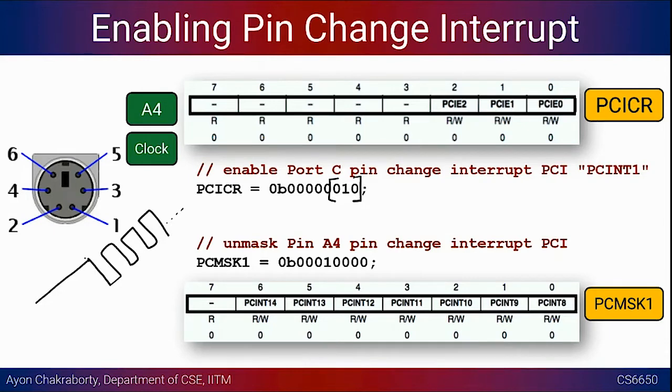We need to register this event whenever it happens. Since the clock signal is connected to pin A4, we want to unmask that particular pin so that we can register the interrupt for it. In the PCMSK1 mask register, 0 is used for port B, 1 is used for port C, and I think 2 is used for port D. This is a port C pin, so that particular pin is unmasked. That is all.